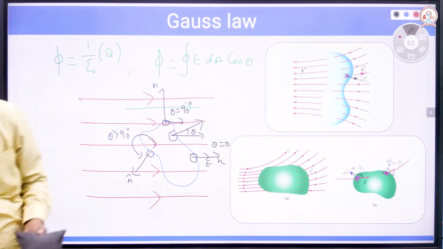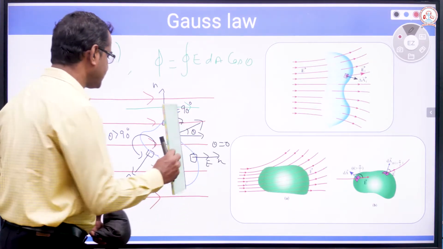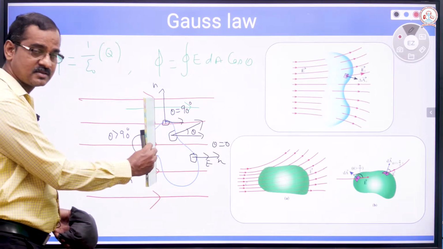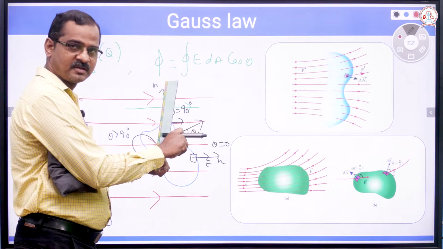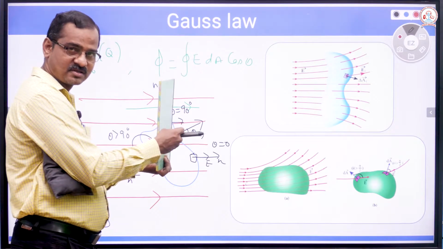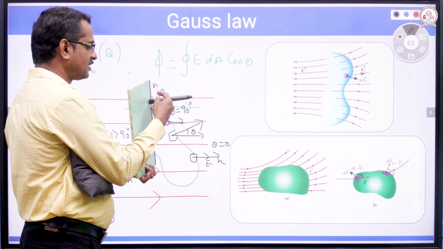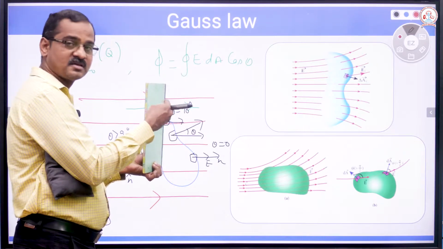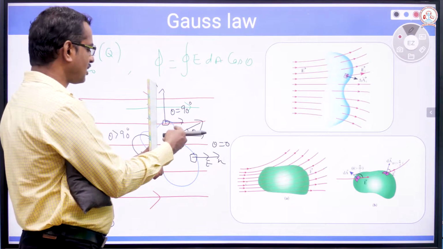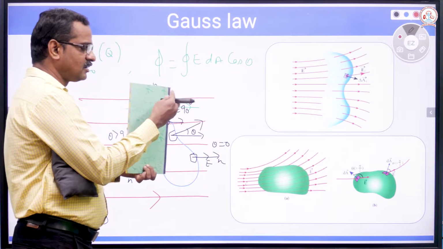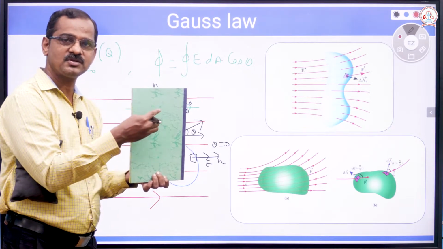If we are imagining a perfect area like this, then we can easily find out theta. This is normal. Theta is constant, isn't it? Whatever area we consider on the surface, theta is equal to 0. Theta, the angle between normal to the surface and the electric field, at all points is 0.